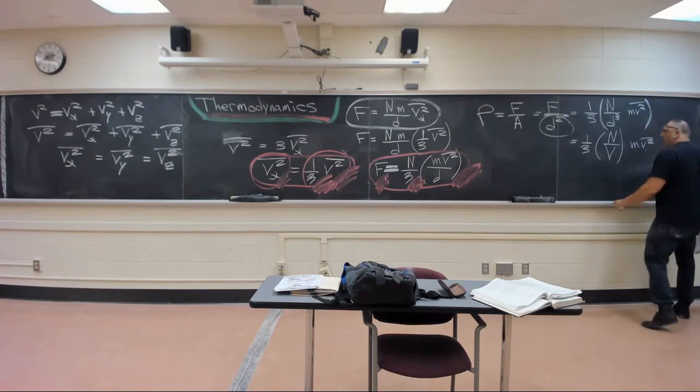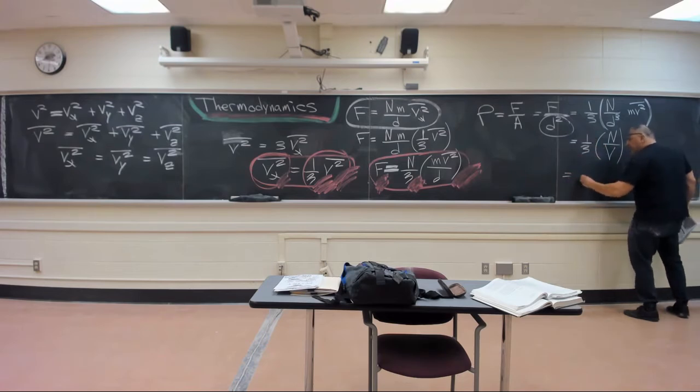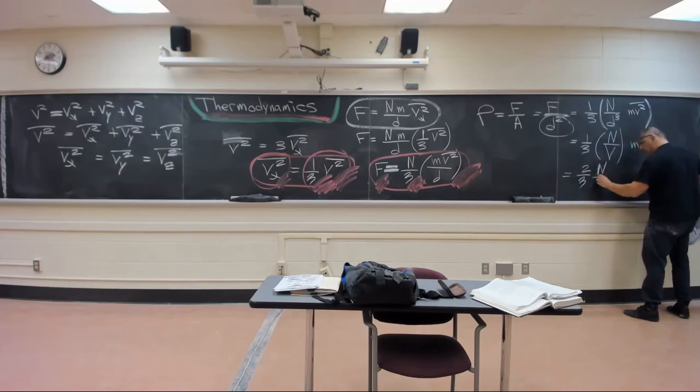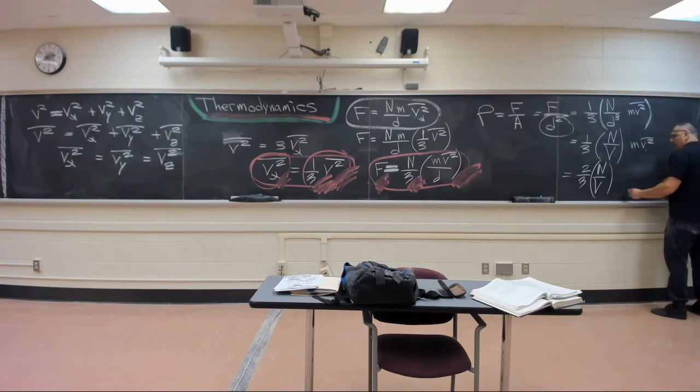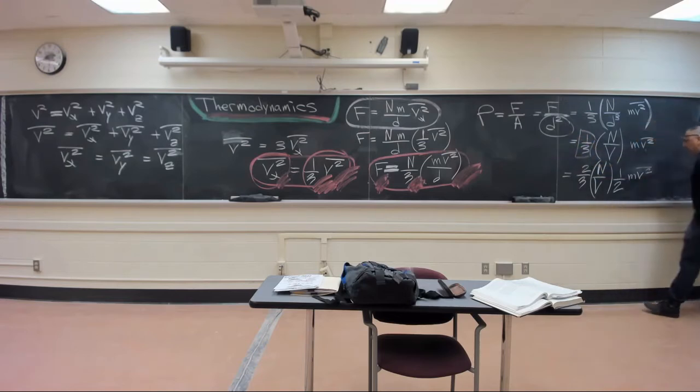Tell you what I'm going to do. Multiply by 2 over 2. 2 on top, 2/3. Half here. Is it true that a half times 2/3 gets me back to 1/3?